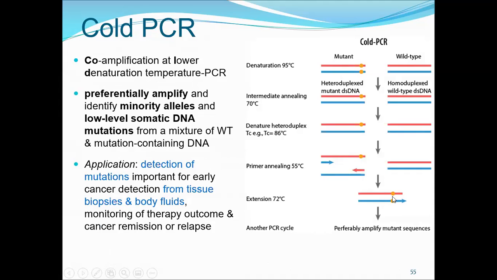Since you allow the heteroduplex to form, this actually is a benefit. When you denature at the lower temperature, only the heteroduplex will separate out, and the primers will bind only to the separated strands and preferentially amplify the mutant alleles.